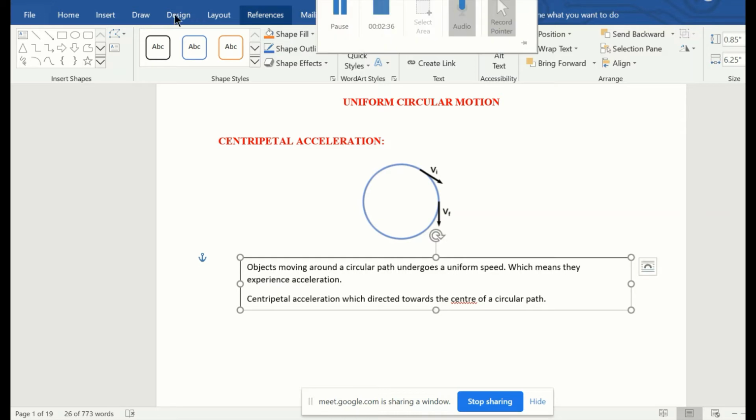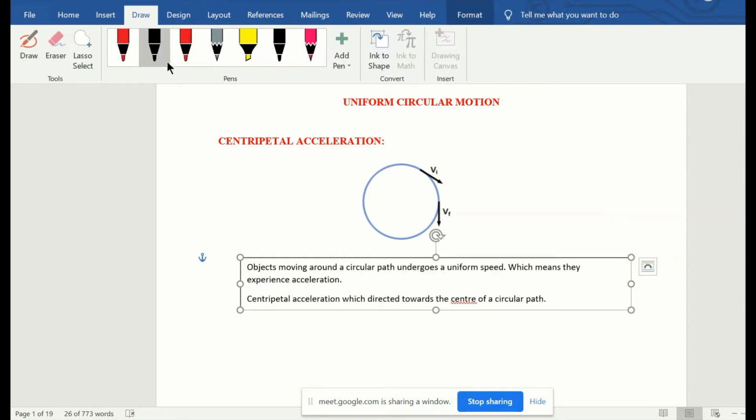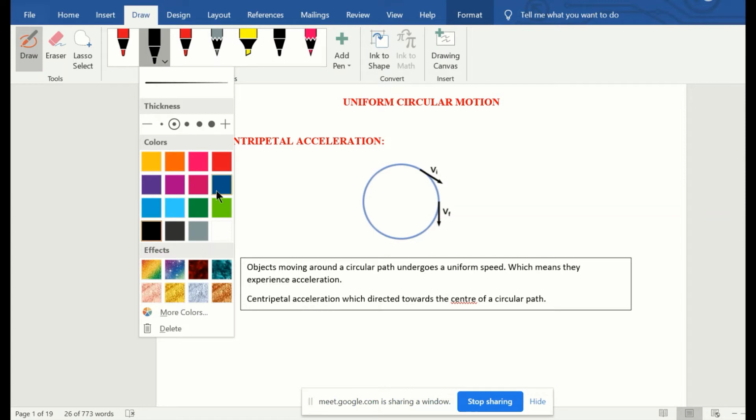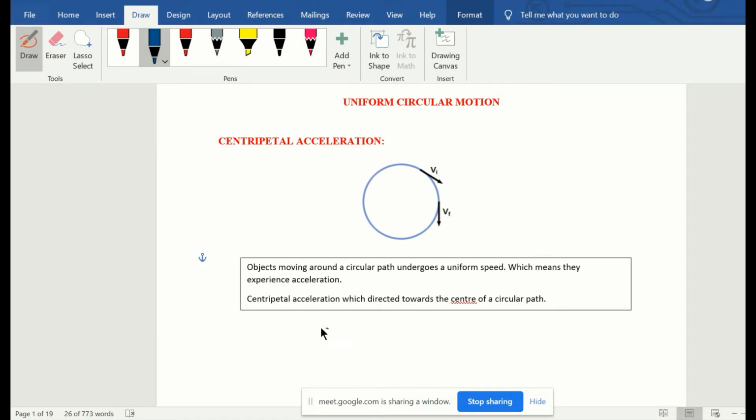And please note that the formula we use for this is a subscript c equal to v squared, where v is the velocity, over r. So here is the formula we use to solve for centripetal acceleration.